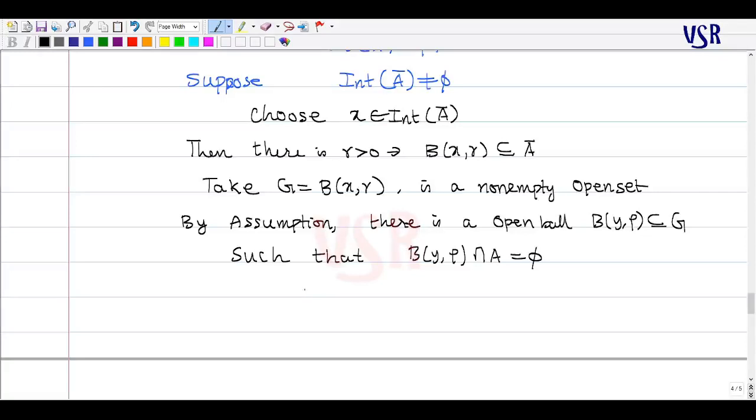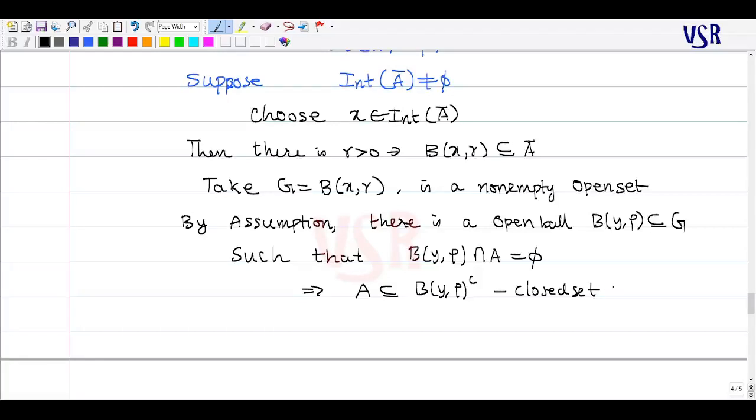அப்ப இதில இருந்து என்ன தெரியுது அப்படின்னா, this capital A is a subset of ball with the center y radius rho complement. And note that ball with the center y radius rho is an open set, அப்ப அதனுடைய complement is a closed set.